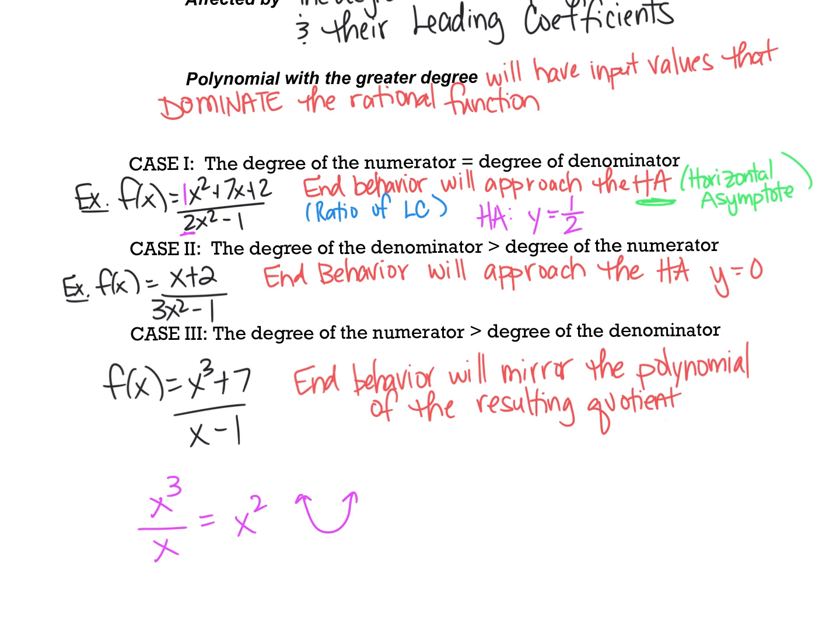Now, I want to talk about a special case right here within case 3. You've heard of horizontal asymptotes, you've heard of vertical asymptotes, but we can also have what's called a slant asymptote, all right? Slant, you'll also see it referred to as oblique, an oblique asymptote. What do you think that means?